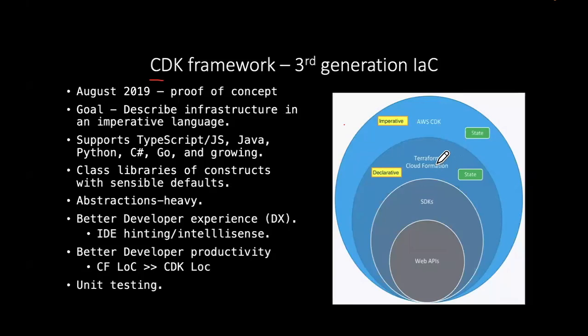And because it knew what the current state of our infrastructure was, it would simply work out what changes needed to be made to our infrastructure, and it would communicate that via the SDK and Web API to the relevant resources to carry out those changes.